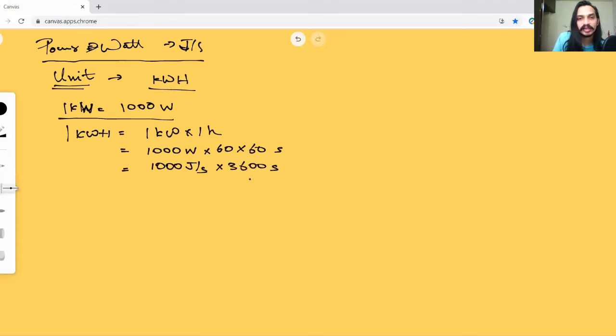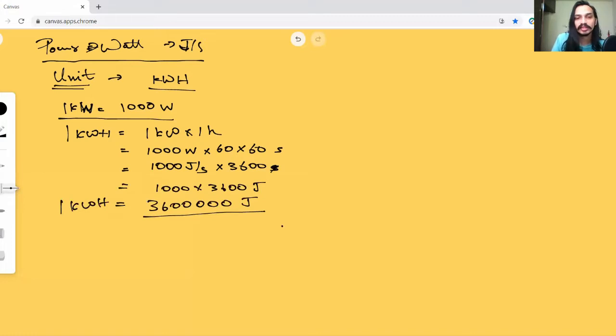The unit second gets cancelled out, and what remains is 1,000 into 3,600 joules, basically 3,600,000 joules. When this much electric energy is used, we say that 1 kilowatt hour, that is 1 unit of electricity, has been used.